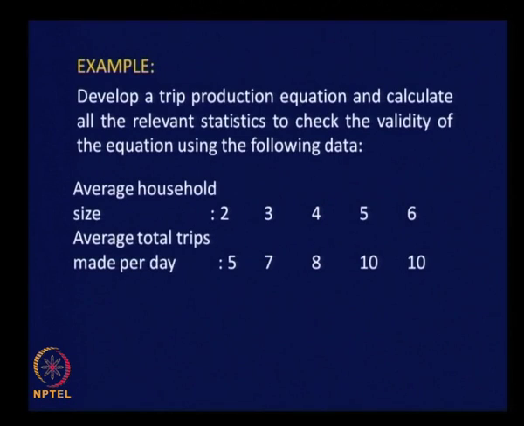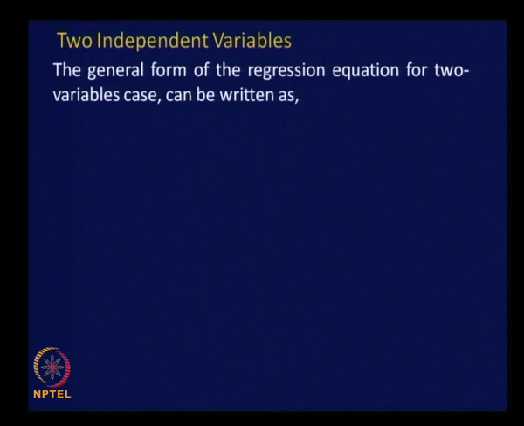Right, and this is the case of a single independent variable, and as I said, in reality you may have to deal with more than one independent variable. What happens to the regression equation if you have, let us say, 2 independent variables?